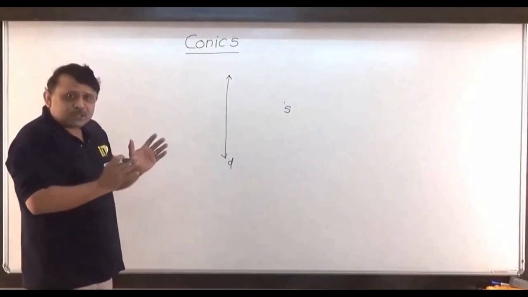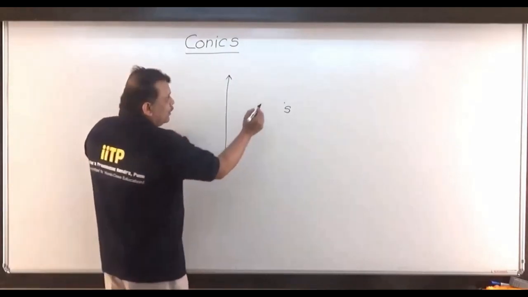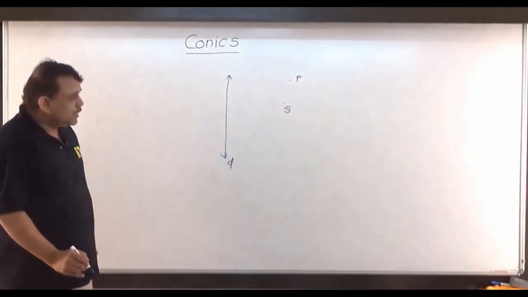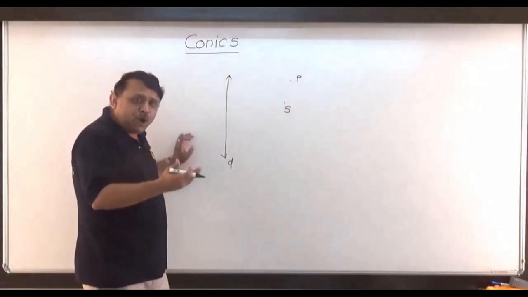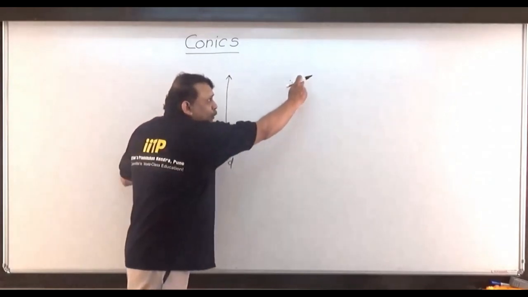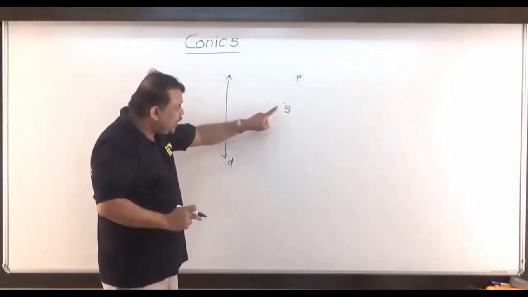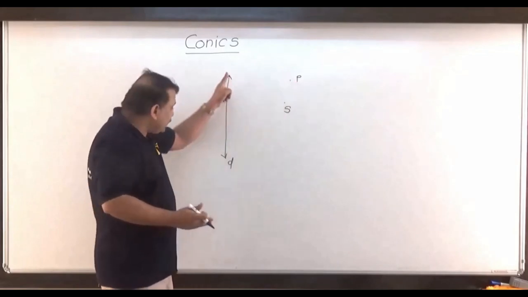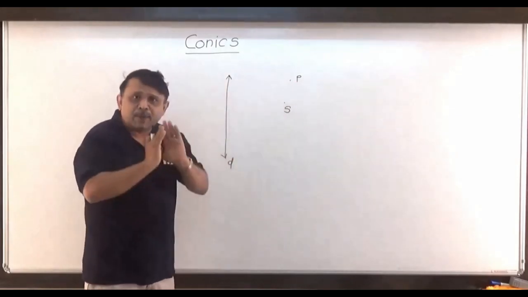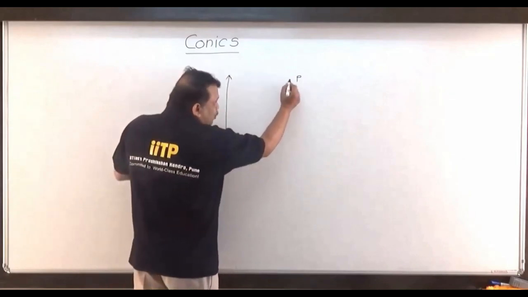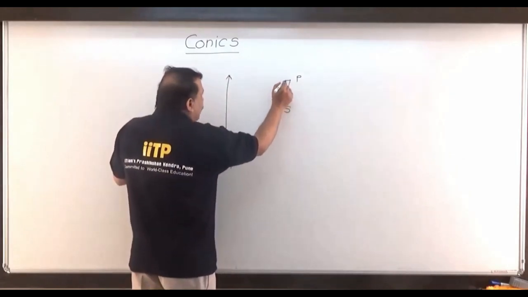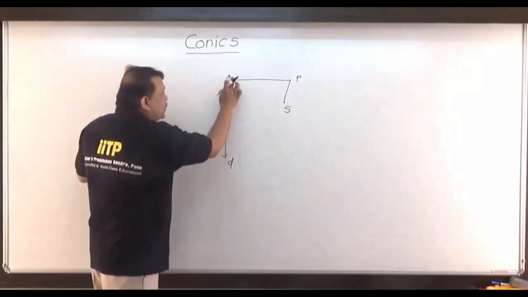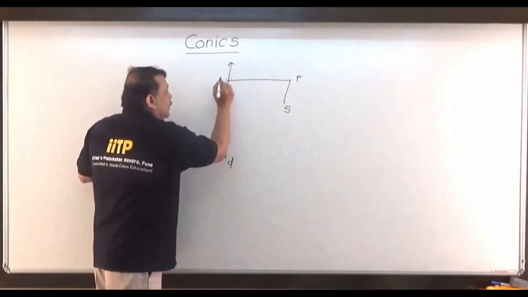Now let me choose such points P in the plane such that the ratio of the distance of the point P from the fixed point to the distance of P from the straight line, this distance being a perpendicular distance. So, I join S and P and I drop the perpendicular from P on this fixed line at say M.